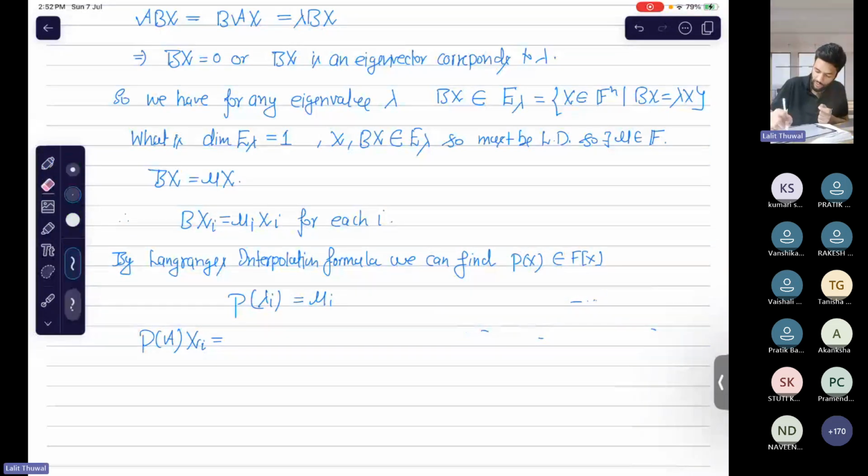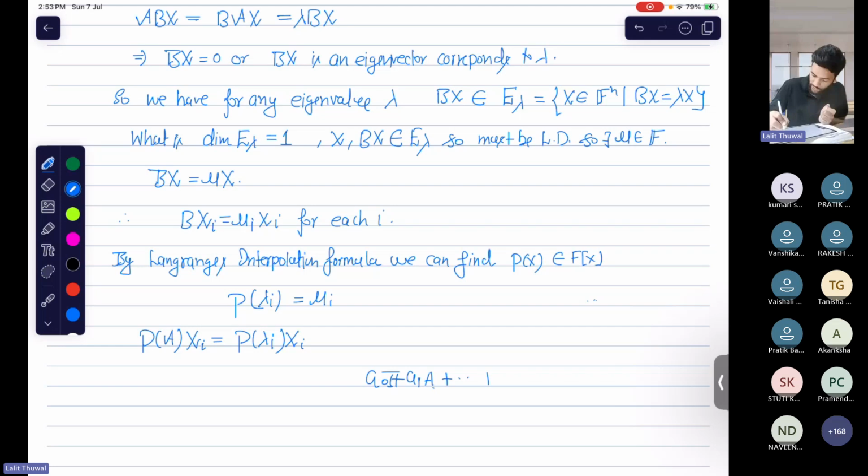Can you tell me what PA xi would be? Xi is an eigenvector corresponding to eigenvalue lambda i, so this comes out to be p(lambda i) xi. Let me quickly show you. Suppose p = a0 + a1 x + ... + an x^n.